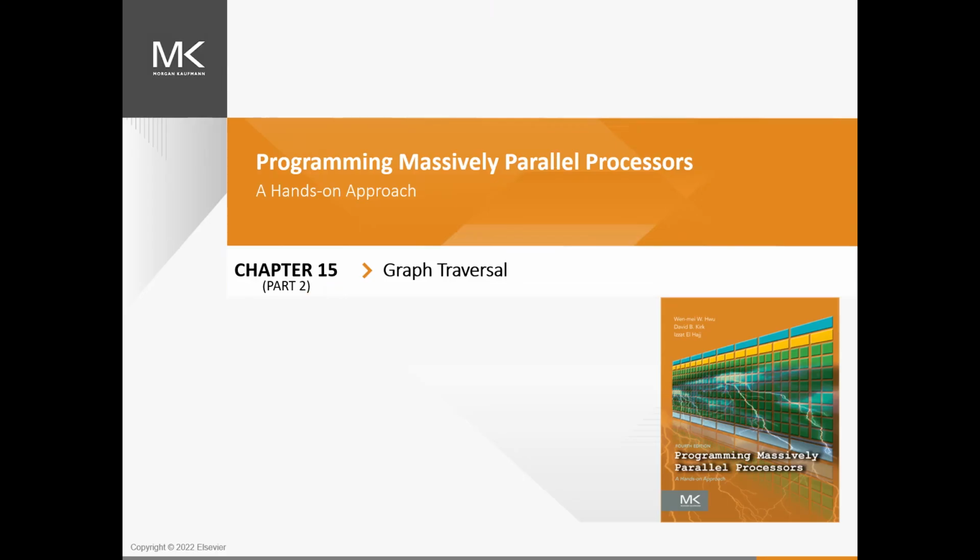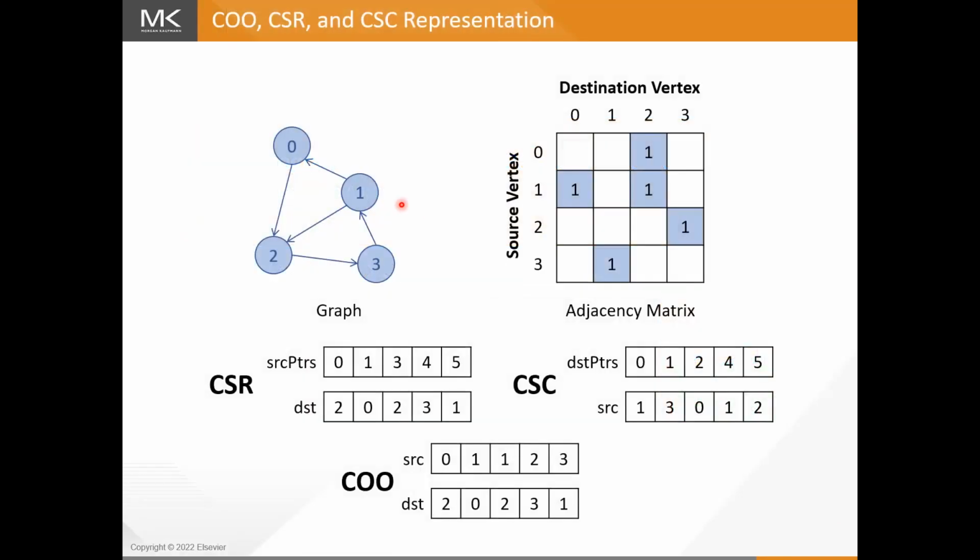So in the last lecture, on part one, we started by introducing what graphs are, and we observed that graphs can be represented as adjacency matrices, which are sparse matrices, and these sparse matrices can be represented using the sparse matrix storage formats that we discussed in the previous lectures.